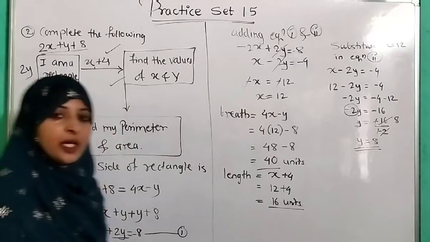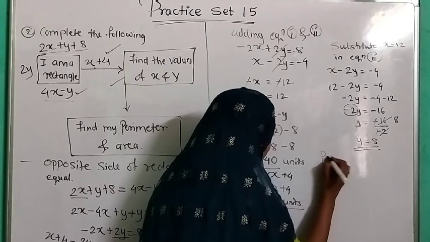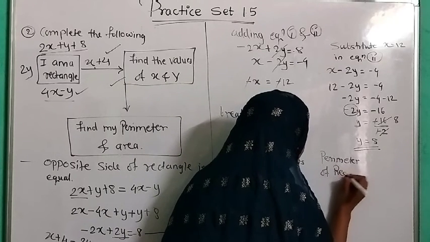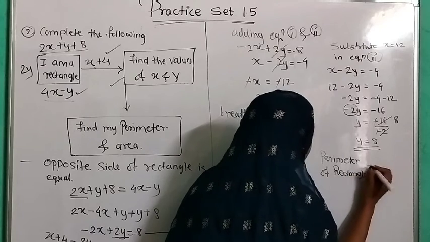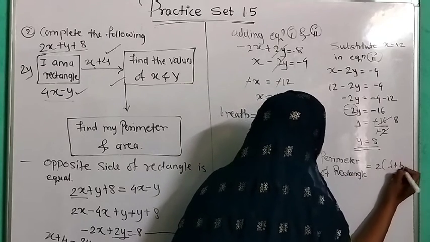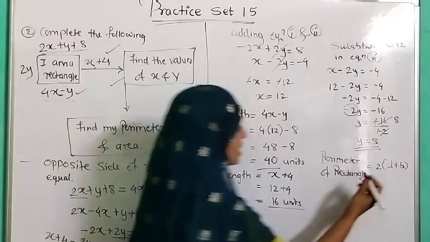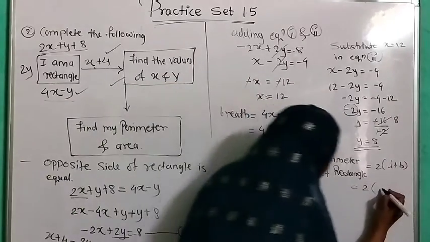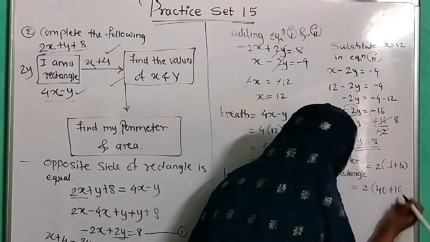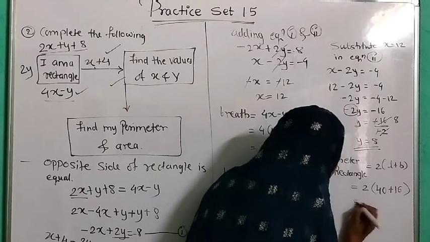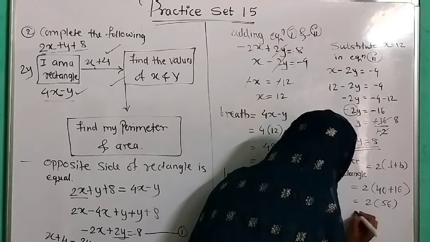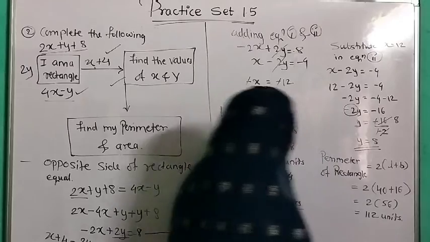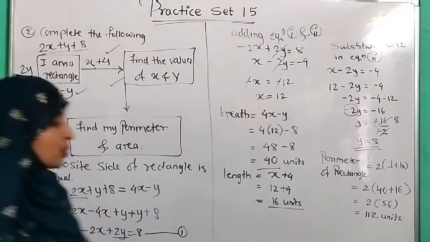The formula for the perimeter of a rectangle is equal to twice L plus B, means length plus breadth. Now the breadth is 40 plus 16 is equal to 56. 2 into 56 is 112 units. So we get the perimeter, that is 112 units.